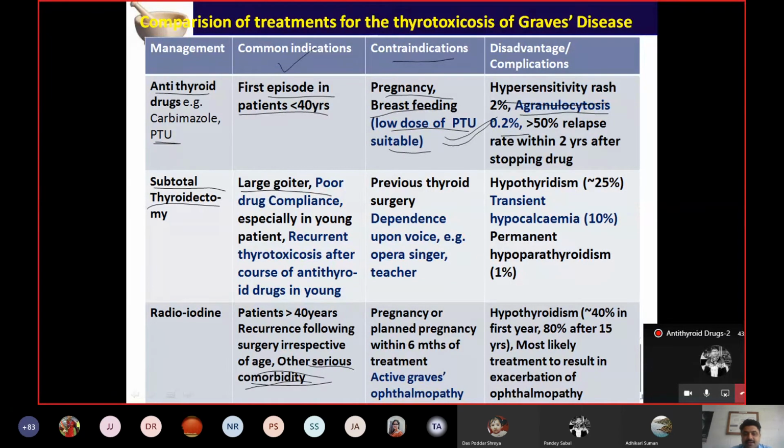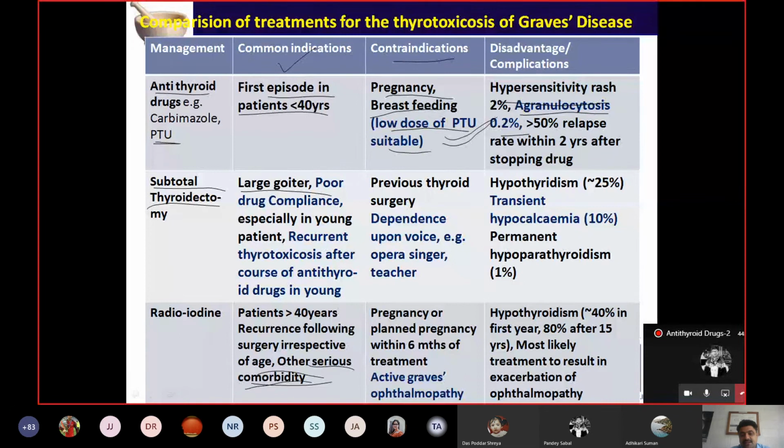Contraindications of radioactive iodine are pregnancy or planned pregnancy within 6 months of treatment, and active Graves ophthalmopathy. The disadvantage is that it may lead to hypothyroidism, and treatment may result in exacerbation of ophthalmopathy. That is why it is not preferred with active Graves ophthalmopathy.